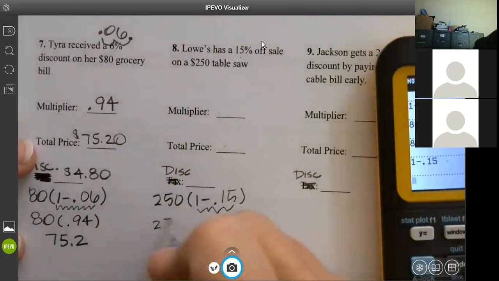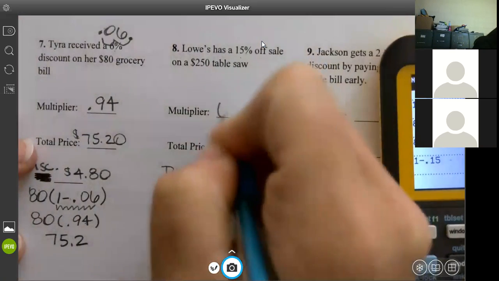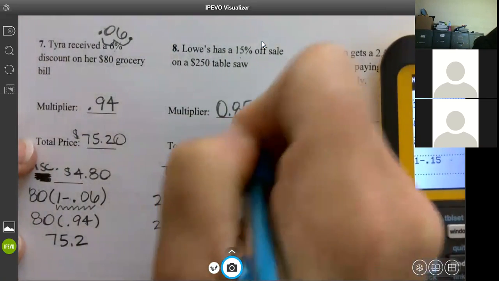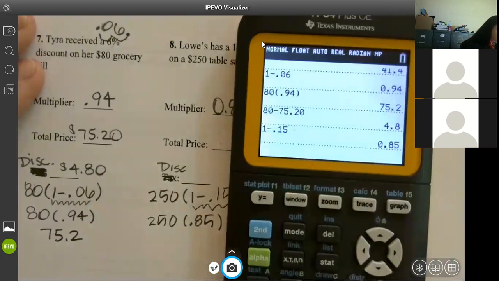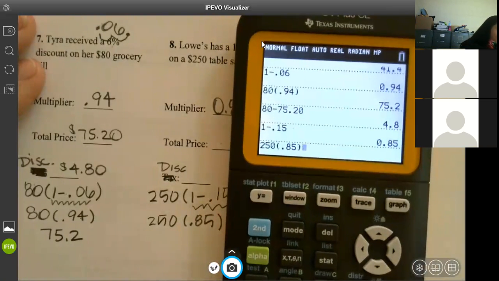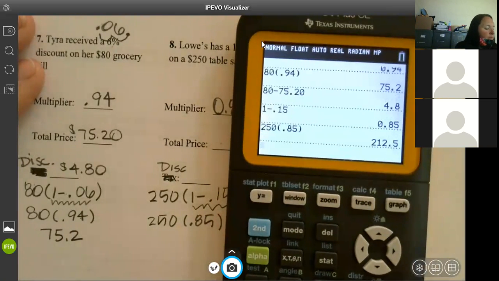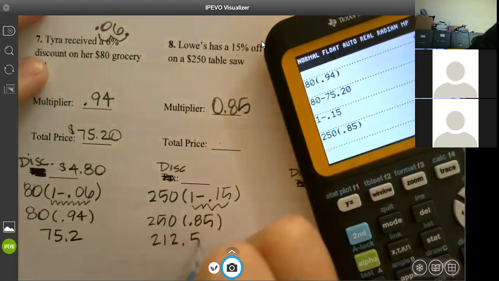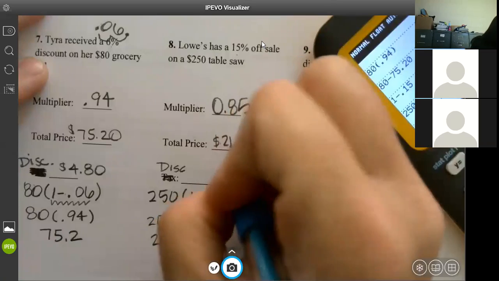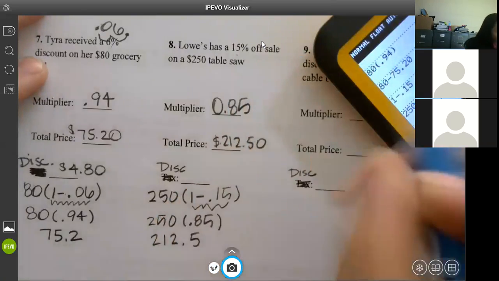So 250 times 0.85, our multiplier. You can just put 0.85. You don't have to put the 0 in front. I don't care. Your total price, 250 times 0.85, gives me $212.50.